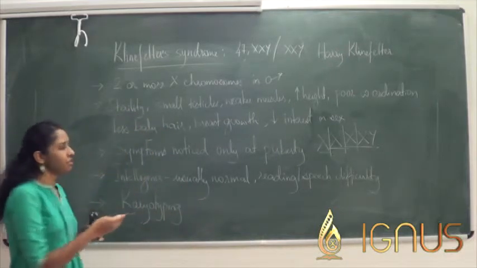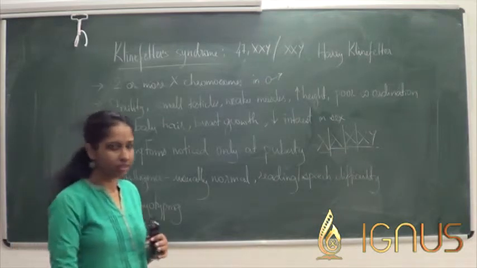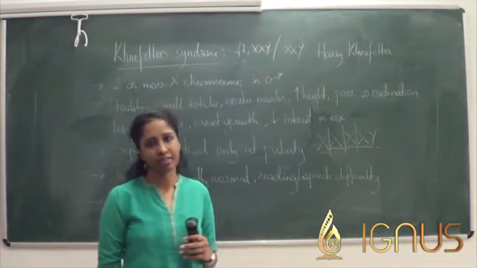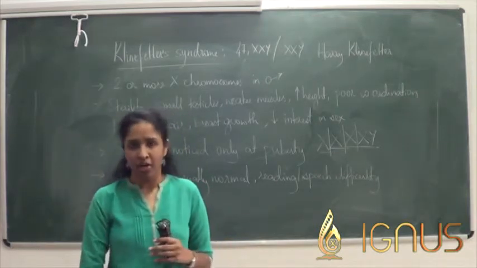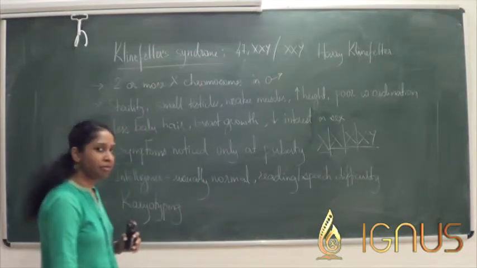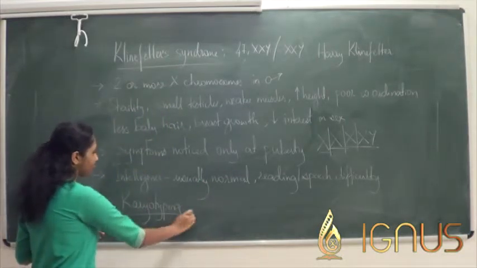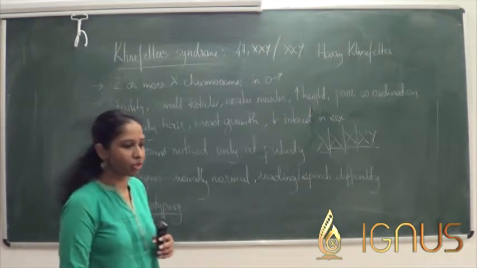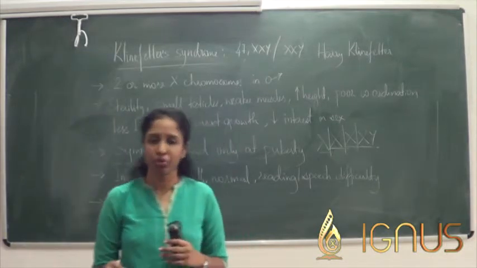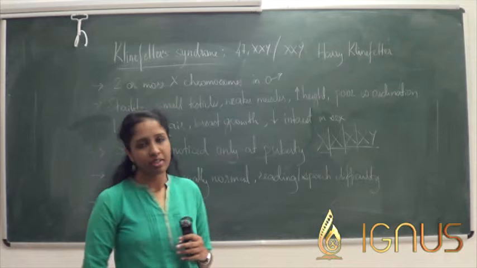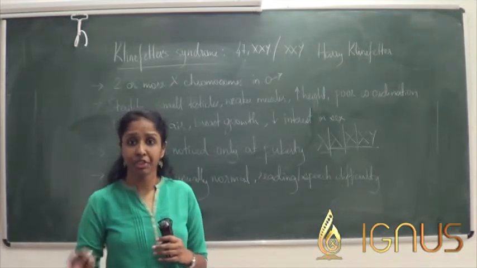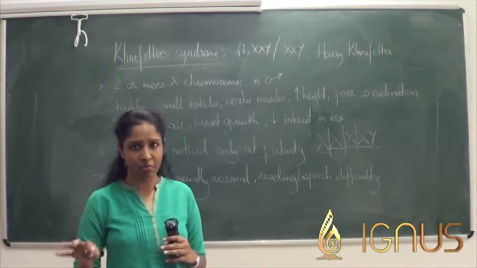Okay. Now Klinefelter syndrome, like any other chromosomal abnormality like Down syndrome or Turner syndrome, can be figured out by doing a karyotyping. Karyotyping is when you do a cytological study on any eukaryotic cell, specifically when it is in its division state, so that you can visualize the chromosomes.